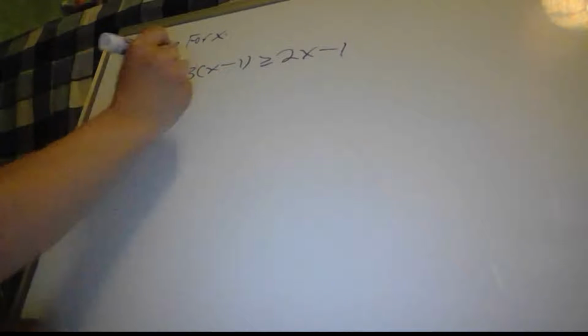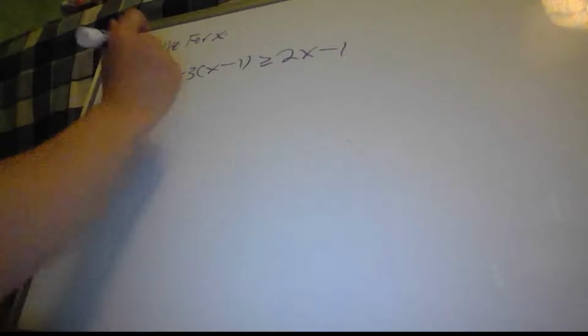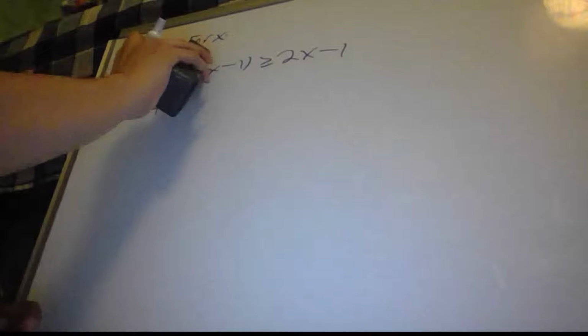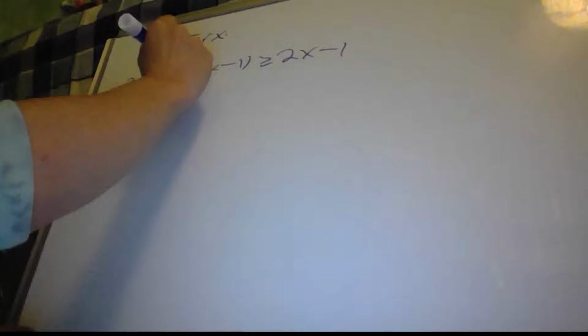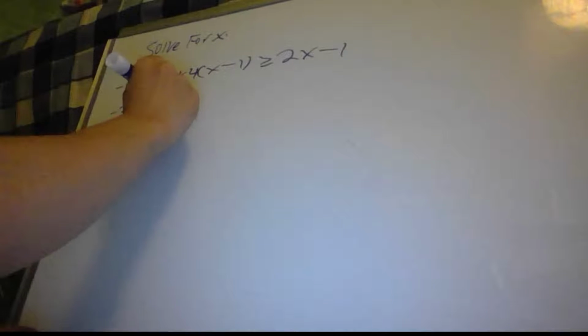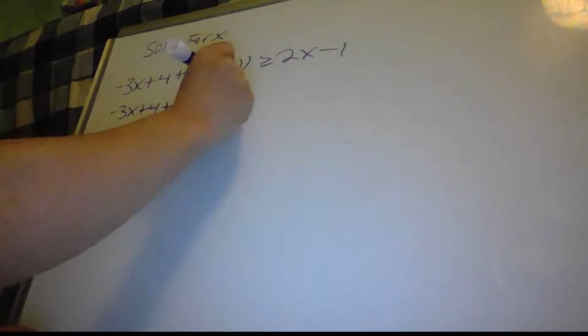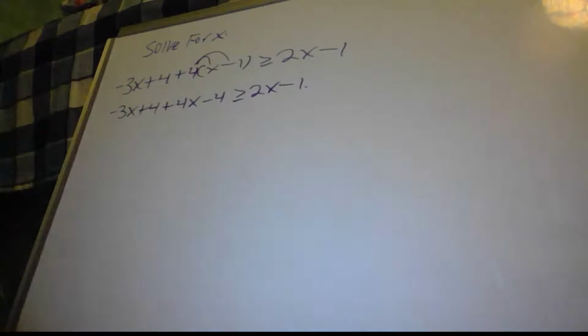So we're going to go ahead and do the same thing. We have negative 3x plus 4. And let me actually change this. Okay.